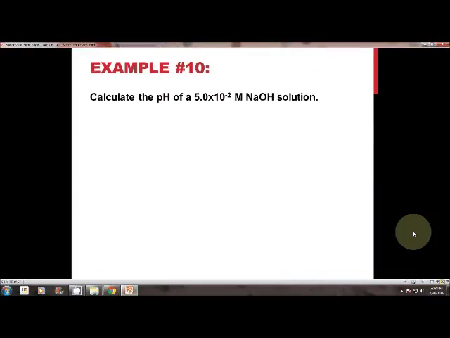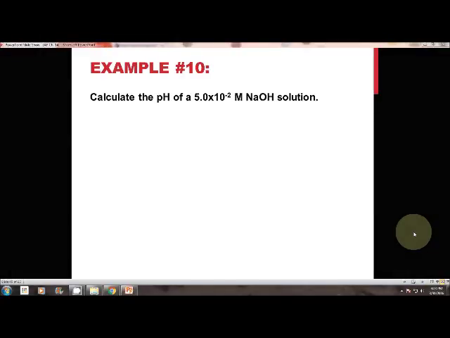So let's calculate the pH of sodium hydroxide, just like we did when we had the strong acids back in 63. So to calculate the pH, we need to know something to plug into our equations that we used in 63. Well, in our solution, when this completely dissolves, we have sodium ions, we have hydroxide ions, and don't forget, water is still in there because it is a solution.